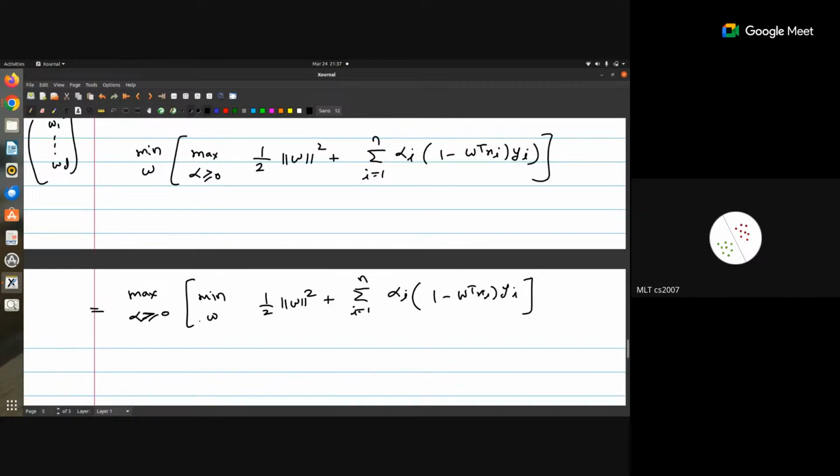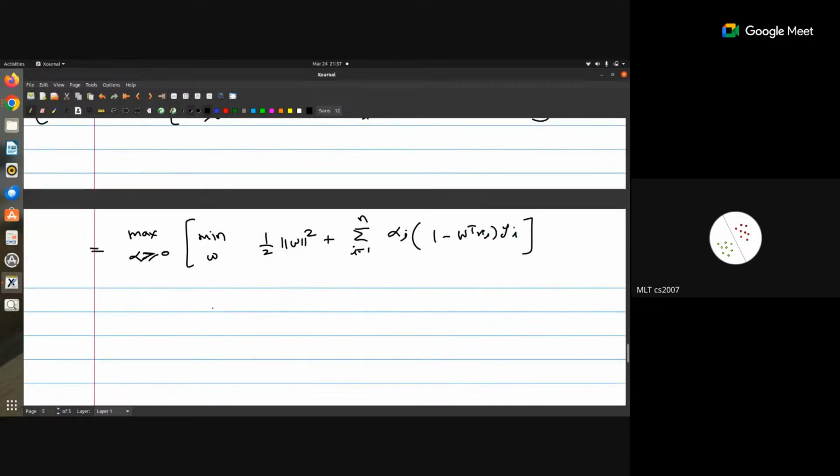Fine. This is the equivalent statement, right? So in this case, what should we do here? We can fix alpha and solve for w, or we can fix w and then solve for alpha, right?